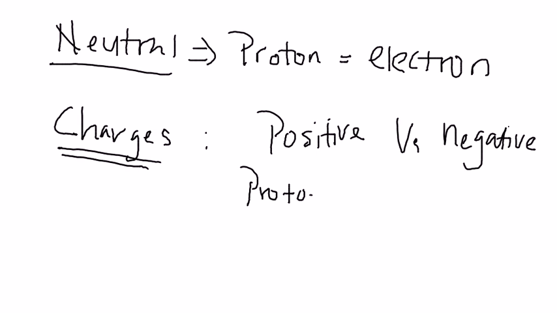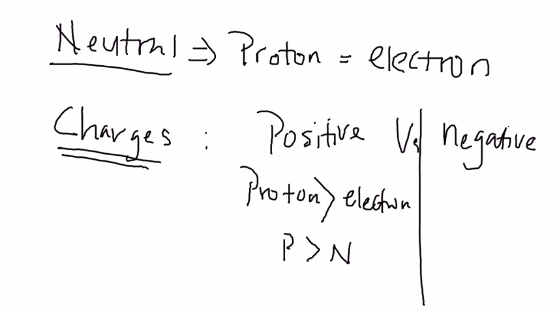In fact, the number of protons for a positive charge is more than the number of electrons. So P is more than N. This is for the ion which has a positive charge.